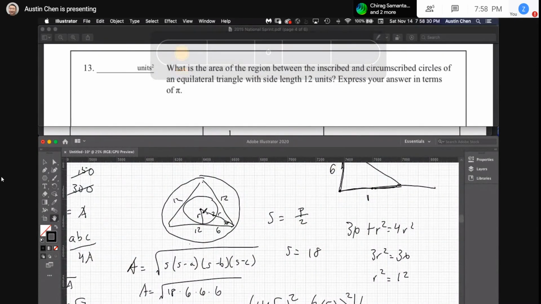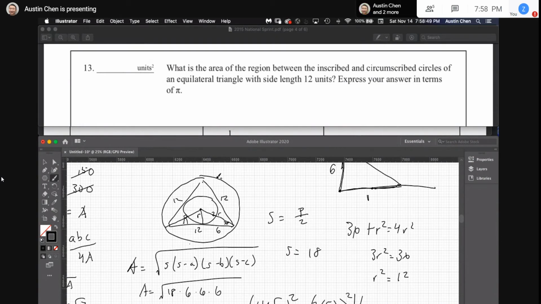Okay, so we can also make a line here. This has to be the circumradius, right? And for an equilateral triangle, the circumcenter and the incenter are the same point.